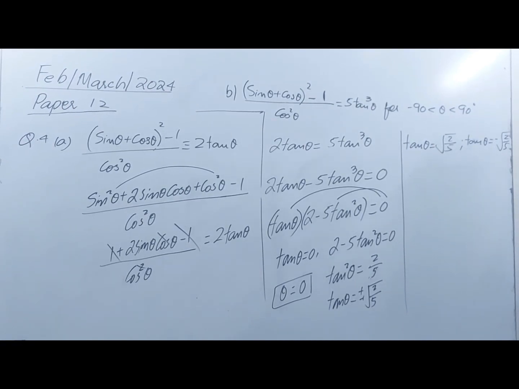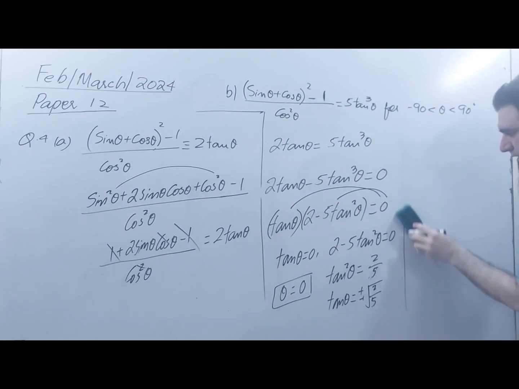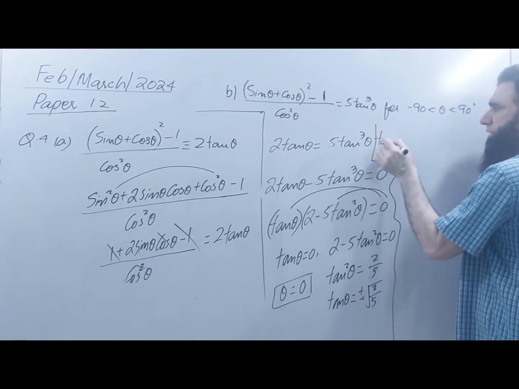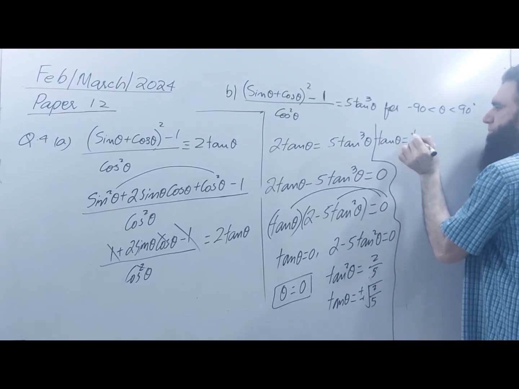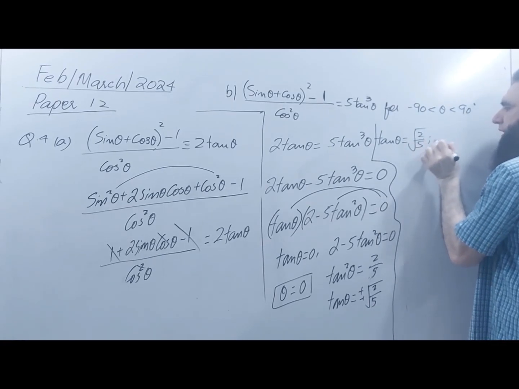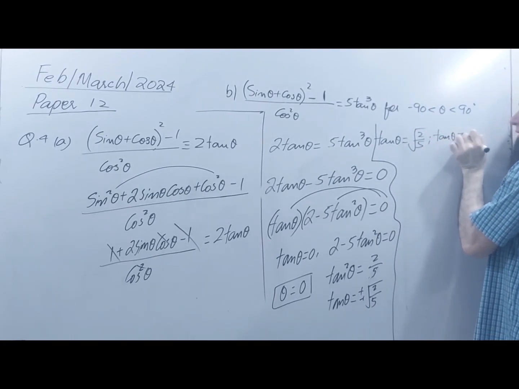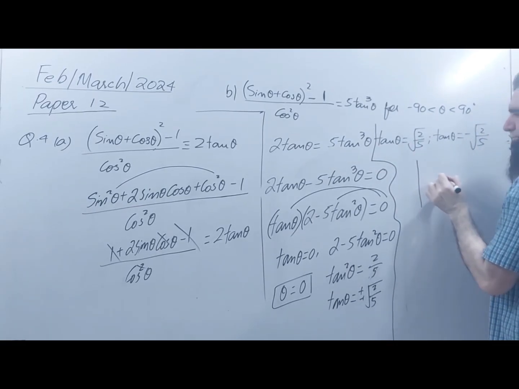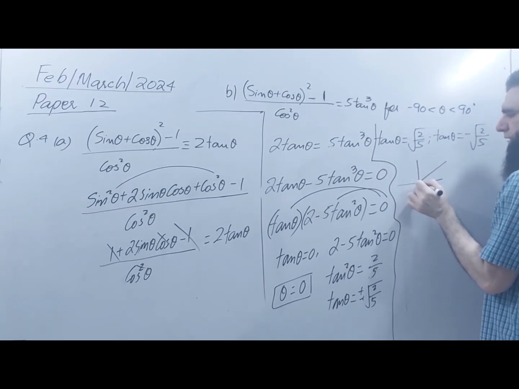Let me raise it and write it somewhere so that it is not cut in the video. So we take one of the values, tangent theta is equal to plus root 2 by 5, and tangent theta is equal to minus root 2 by 5. Now you see tangent is positive in the first and the third quadrant.